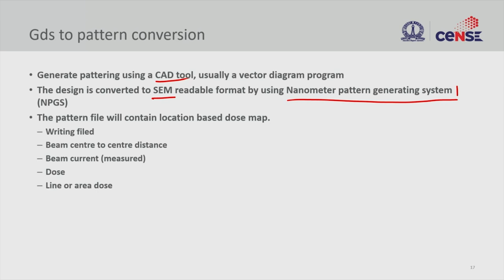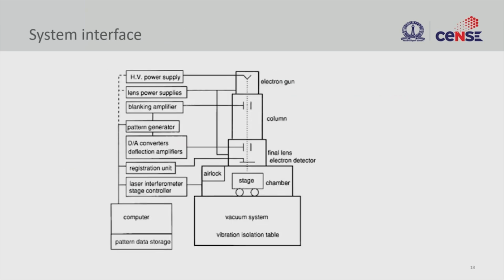So what this one does, it will create the writing field that you want. What is the center to center beam distance, what is the beam current, what is the dose required, whether it is line or area. All those information will be put into this pattern file, right? Once it is there, then you take it to the system and then you can write it.